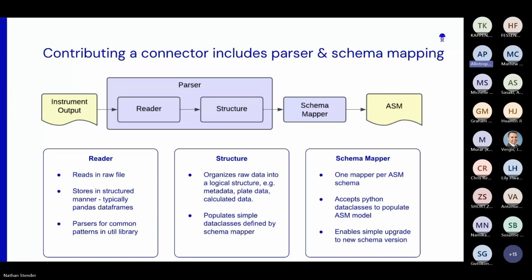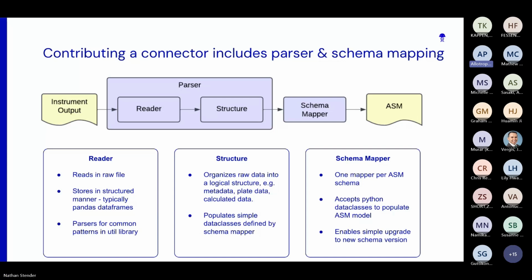And really importantly here, we have a lot of pre-built libraries for common use cases. If you're just reading in a CSV or an Excel, you don't have to write anything new. You can just use the util we already have. For more complicated text files, we have some tools that let you scrape through the different sections of the file based on some simple regexes to get that data out.